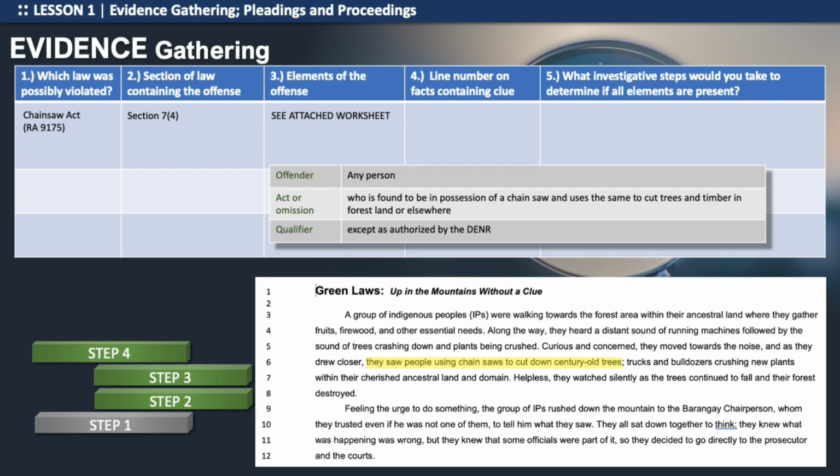So they're using it to cut down trees. In other words, it complies. So the question I'd have to find an answer to is whether they were given an authorization, a permit or license or something by the DNR.